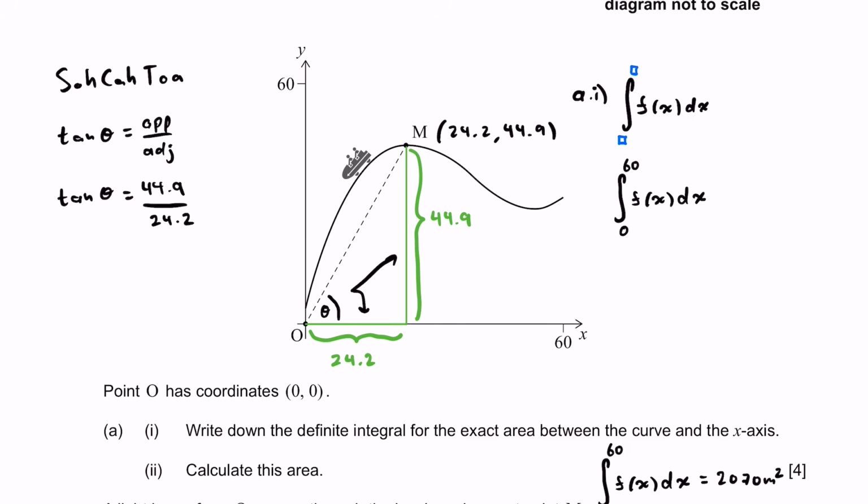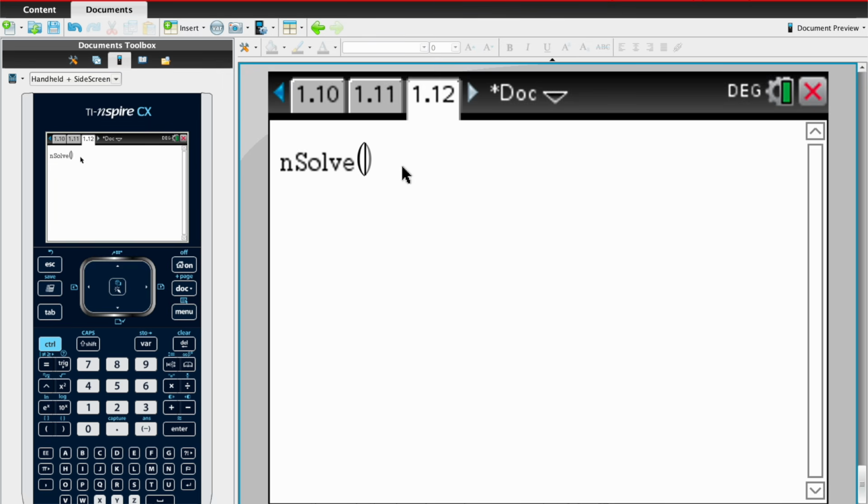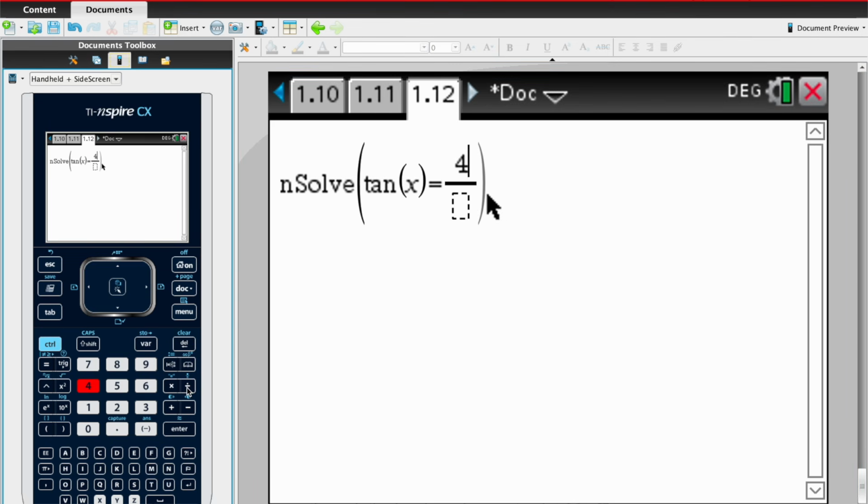So go into the calculator here, menu, algebra, nSolve. Tan, that looks weird. Tan theta, I'm going to write tan x. Tan theta or tan x is equal to 44.9 over 24.2. Solve for x.